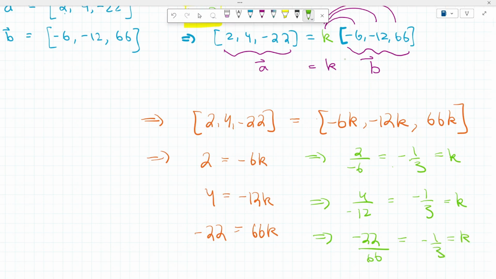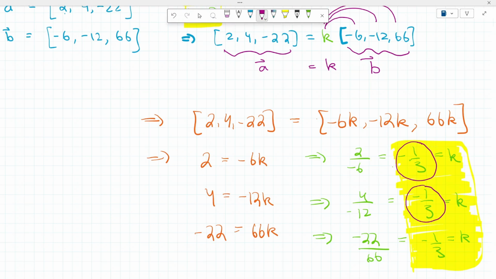And hey, look at that. There is such a value for k that exists for all three of these situations. In order for k to work, we have to have the same value every time. So here we have -1/3, -1/3, and -1/3. If one of these values didn't equal -1/3, then there would be no real solution for k.